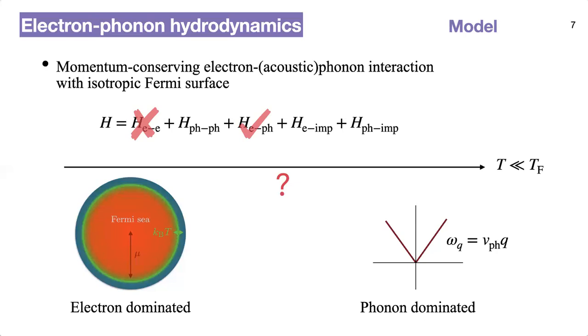Sure. If you consider the electrons and phonons as a single fluid, then what exactly is flowing? Well, it's just a combination of the two.